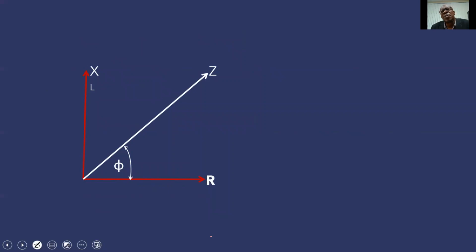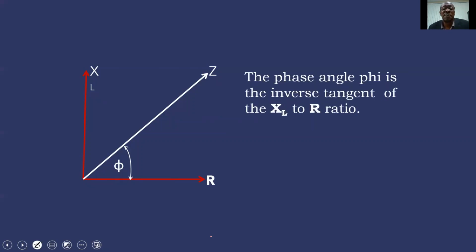Now, because we're looking at vector sums, it is important that we are able to determine the phase relationship between your current and your voltage. And we're using the reactance, resistance, and impedance to show that. And so this angle we refer to as the phase angle.